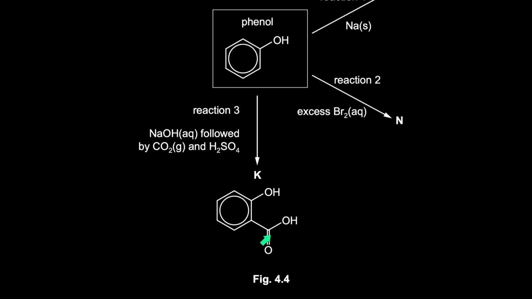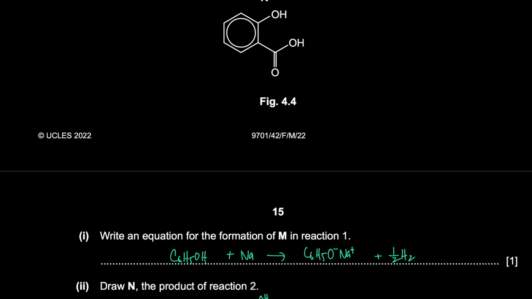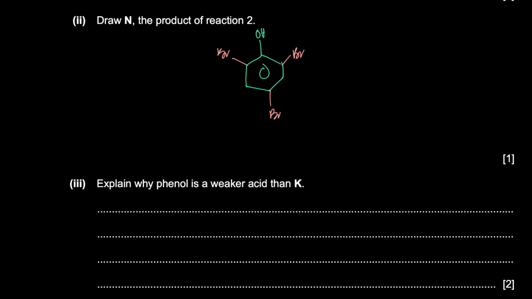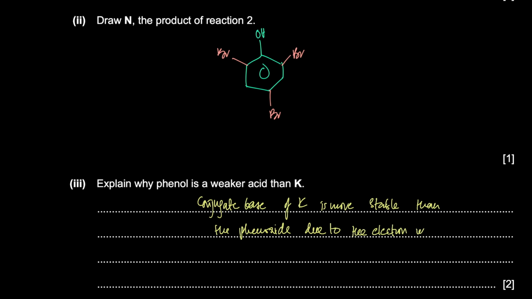The reason is that the conjugate base of K is more stable than the conjugate base of phenol, that is the phenoxide ion, due to the electron withdrawing C double bond O group.